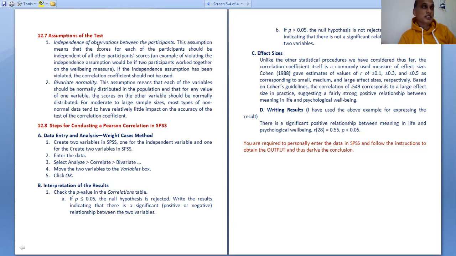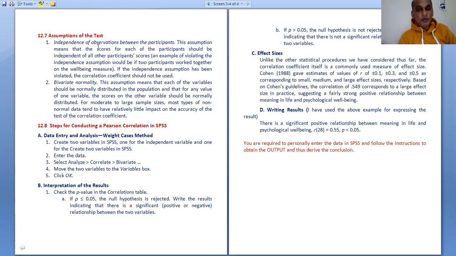If it is plus or minus 0.3, we call it a medium effect size. If it is near plus or minus 0.5, we call it a large effect size. And since in our case here the value corresponds to 0.549, we know the effect size is quite large. So that's the case here.